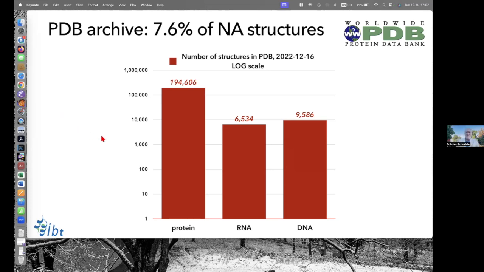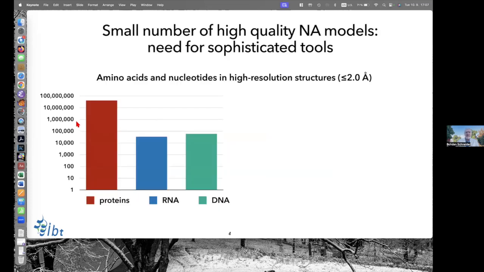The bars look nicely similar, but notice the logarithmic scale here. And the situation is actually more funny if you concentrate on the number of residues, which means amino acids and nucleotides that are available in high quality, high resolution structures.